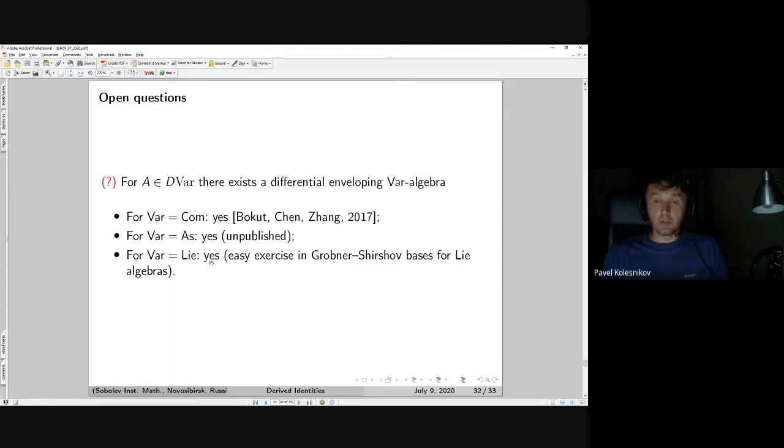But for Lie algebras, this result is a very easy exercise in Gröbner-Shirshov bases for Lie algebras. So to prove that every non-associative algebra may be embedded into a differential Lie algebra.